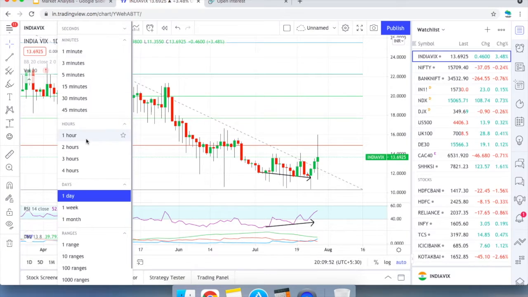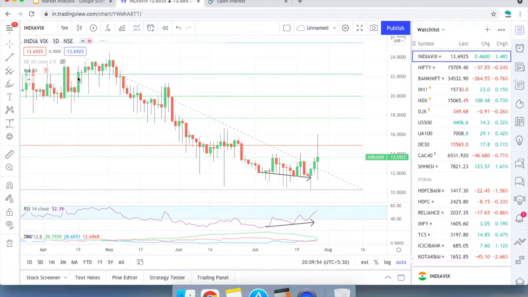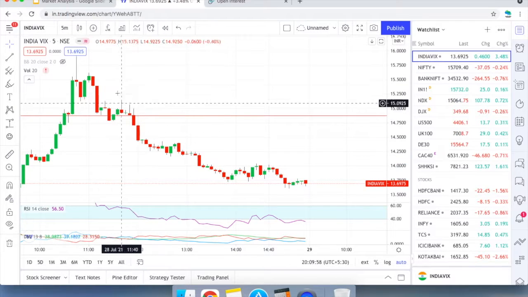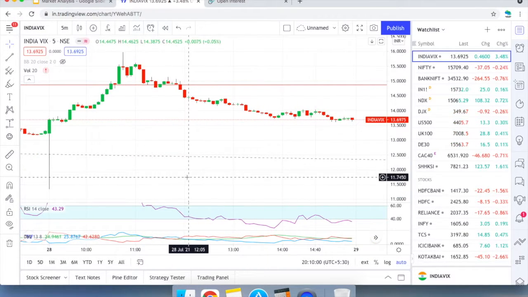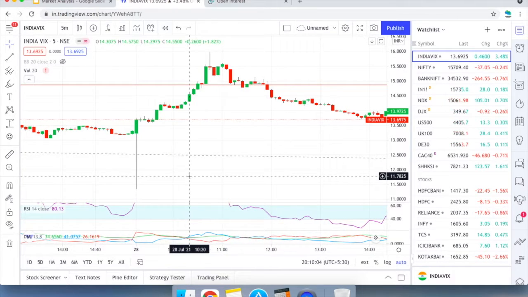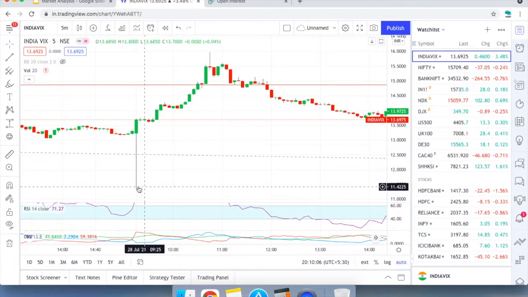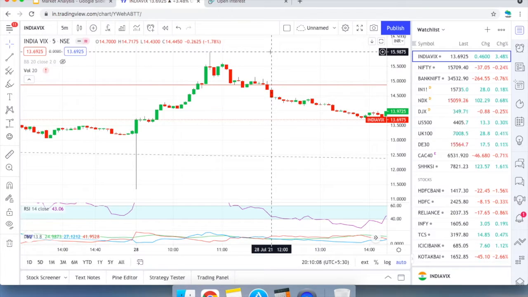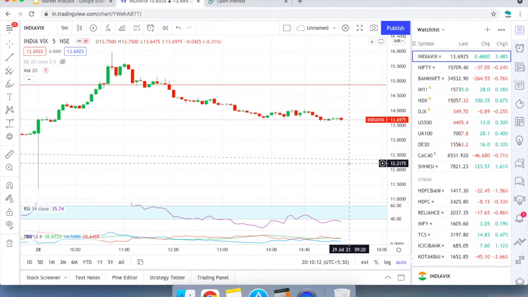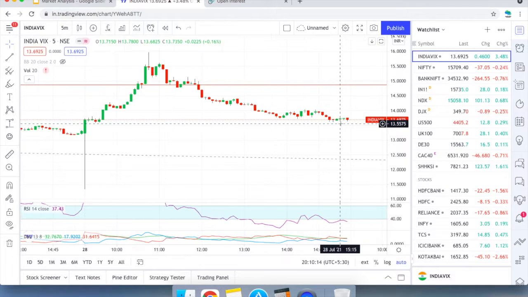Such a big move, because whenever the market falls, the VIX rises. So this was the kind of movement that happened in the market today. From 11 o'clock, in the first half, the VIX shot up like anything to almost 16 levels, and then it fell down and settled at 13.7.